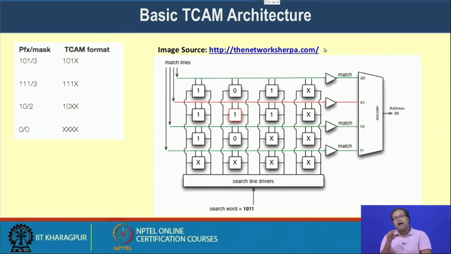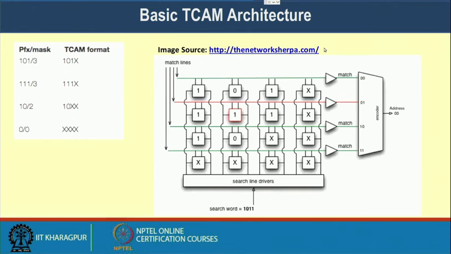If you remember, in the case of routing, whenever we do a routing match, we take the longest prefix match. So, if there are multiple matches, then we take the final output as the one with the longest match. Out of these 4 cases, the 3 cases where we have a match are XXXX, 10XX and 101X.